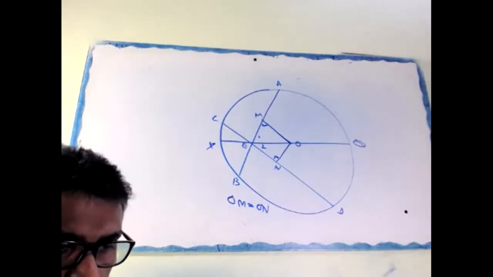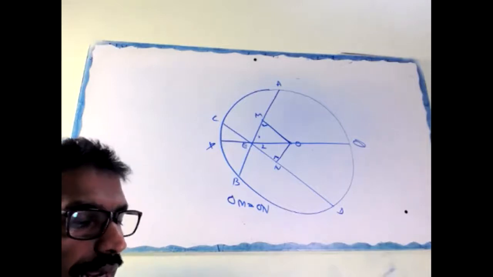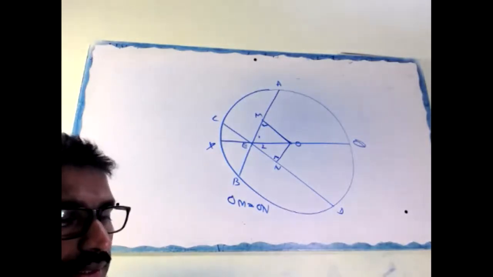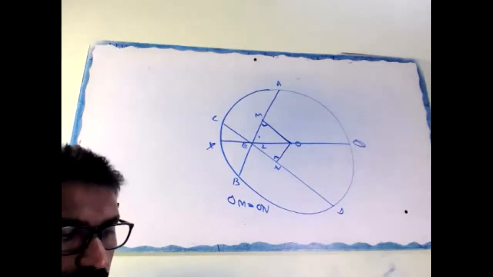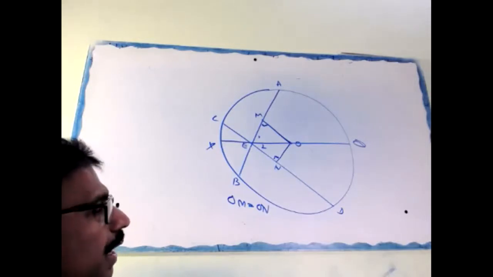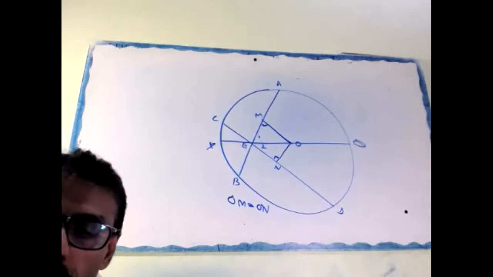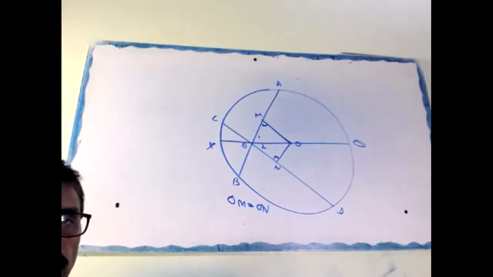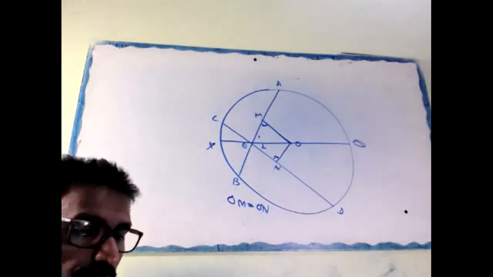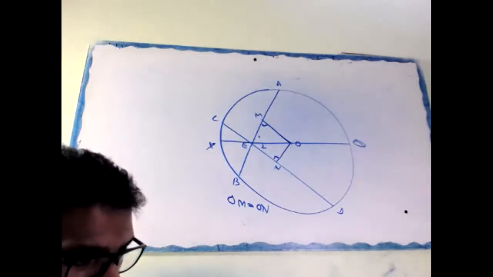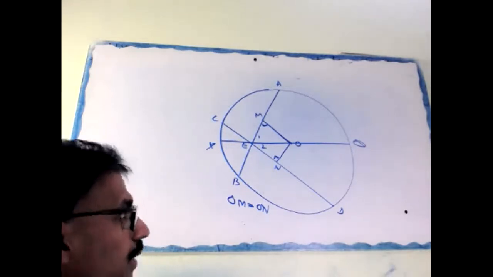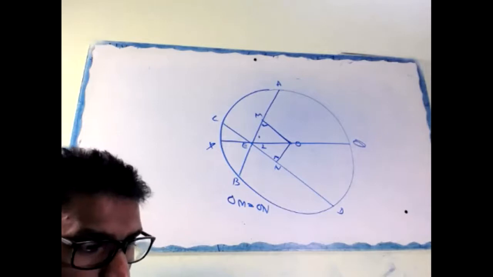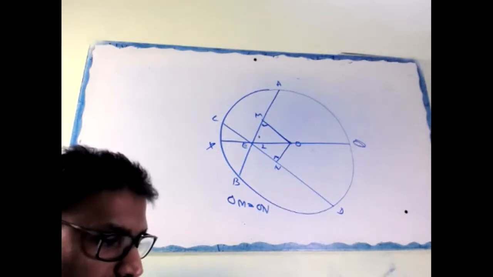Okay. Now proof. In triangle OME and ONE, angle 1 equal to angle 2, given. Then angle M equal to angle N, 90 degrees. Then OE equal to OE, common.